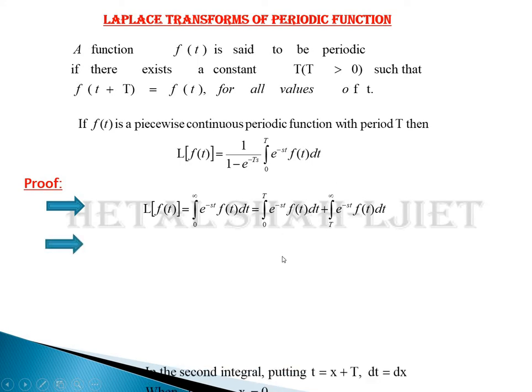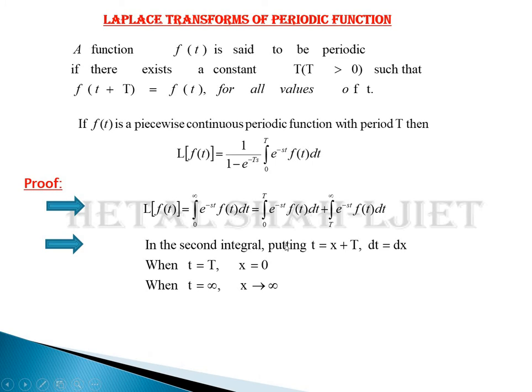In the second integral, putting small t equal to x plus capital T, that is dt equal to dx, because when small t is equal to capital T, x is equal to 0, and when small t is equal to infinity, x tends to infinity.